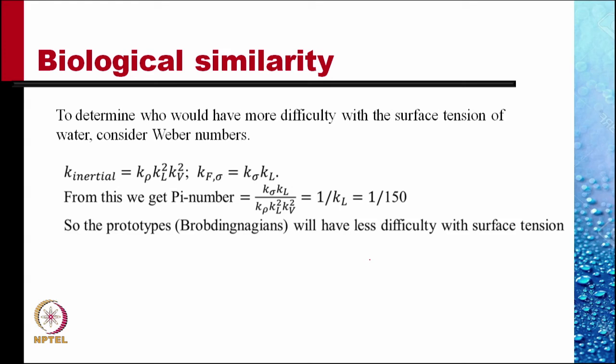From this, we get the pi number, K sigma KL divided by K rho KL squared KV squared, which is 1 over KL. K sigma being the same for water, K rho being 1, we have this scale factor of 1 over 150. So the prototypes, which are Brobdingnagians, will have less difficulty with surface tension than would the Lilliputians.